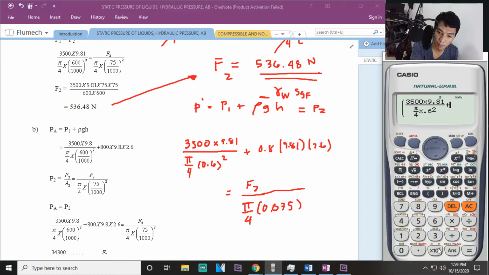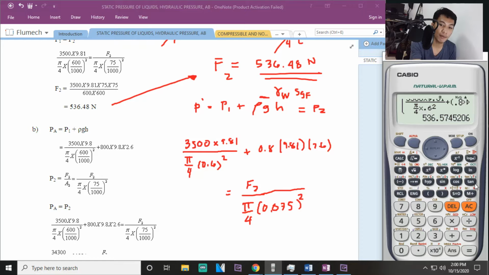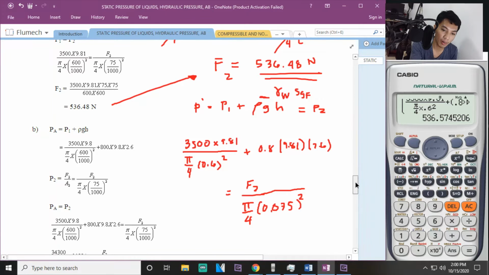Yan. Plus, lagyan ko ulit ng bracket, 0.8 times 9.81 times 2.6 double bracket times pi over 4 times 0.075 squared. Yun. So we have another answer.